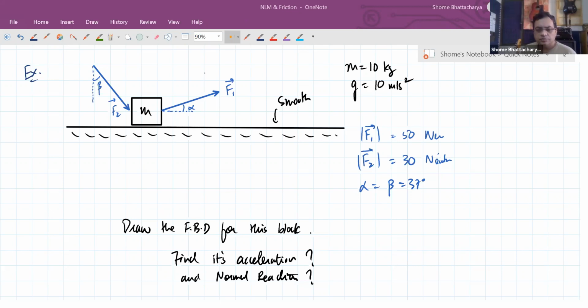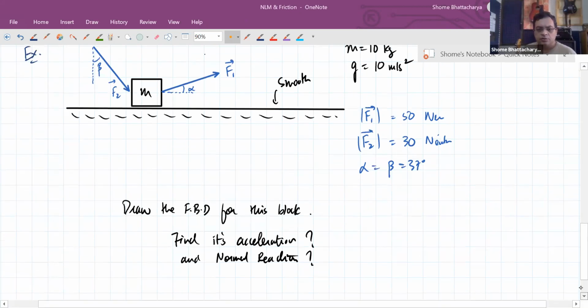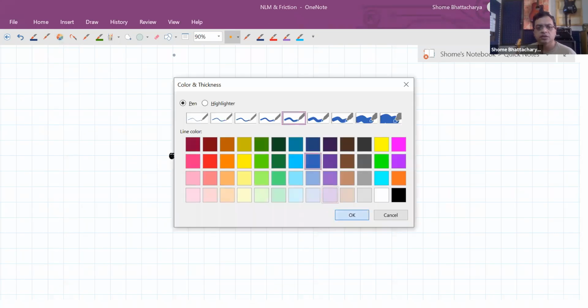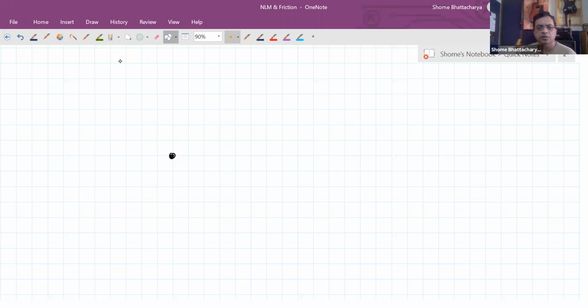Okay, so let's figure this out. What we will do here is first of all represent the forces as vector arrows which are originating from the point mass. The two external forces which I have shown over there will be like this.